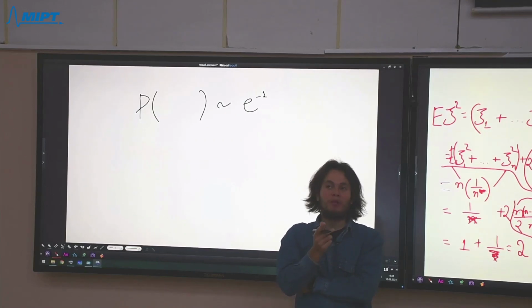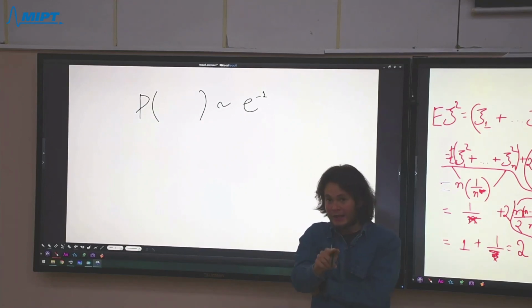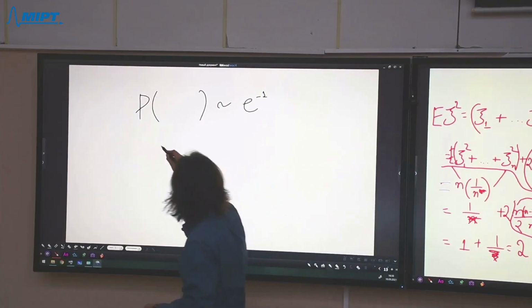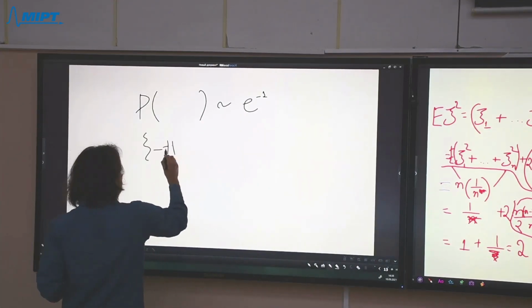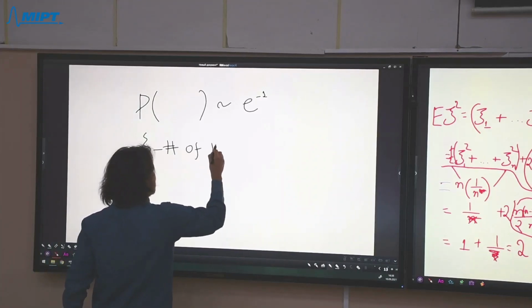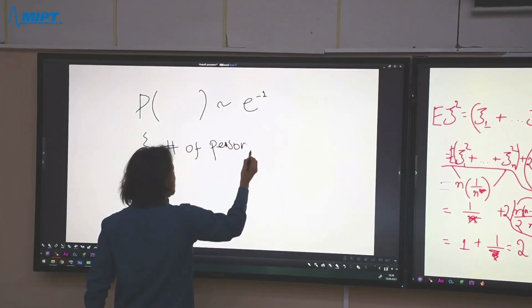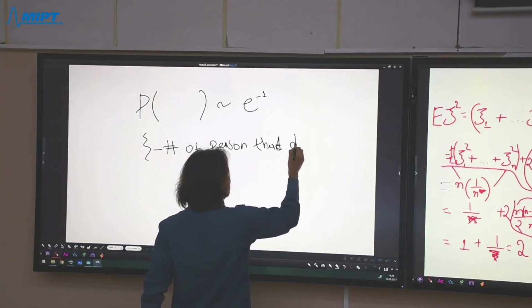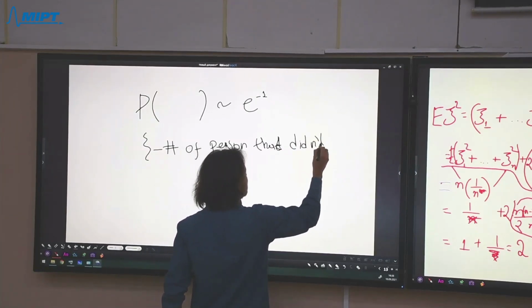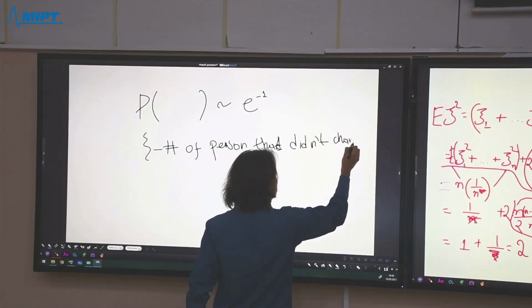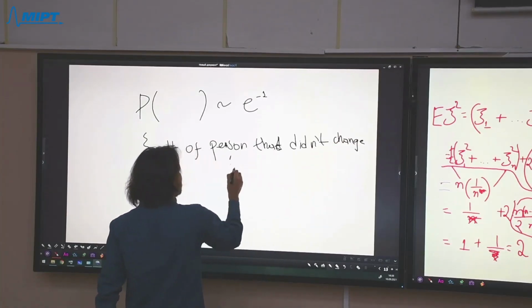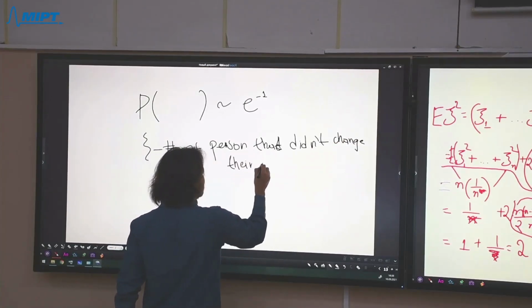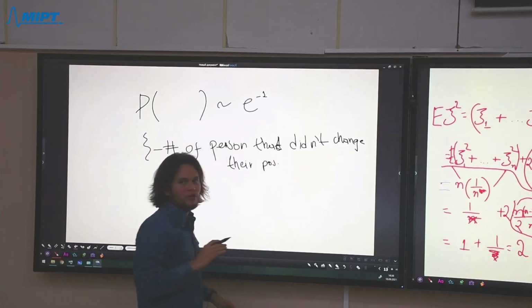Yeah, the problem is different because xi in this case is the number of persons that didn't change their position, right? This is what we are doing here now.